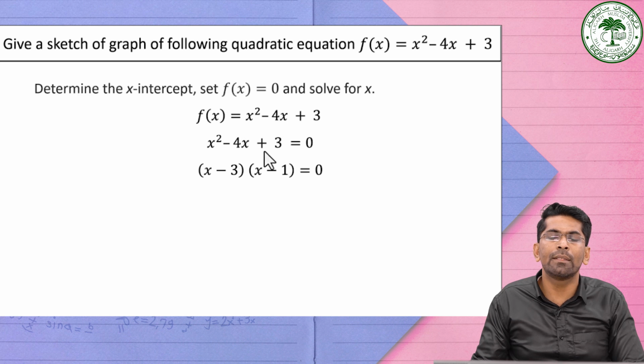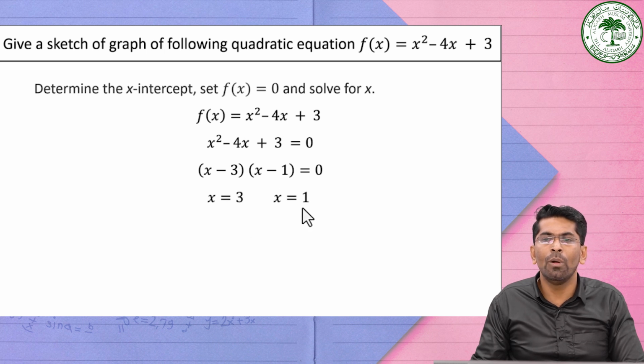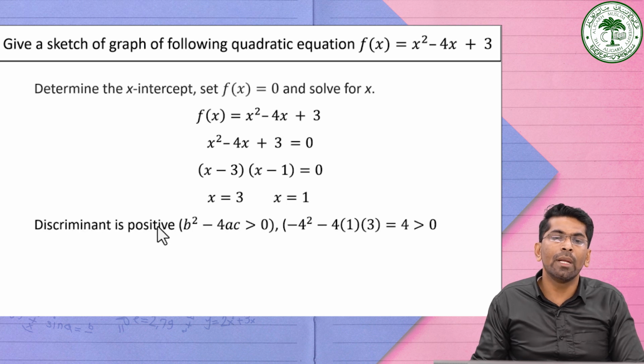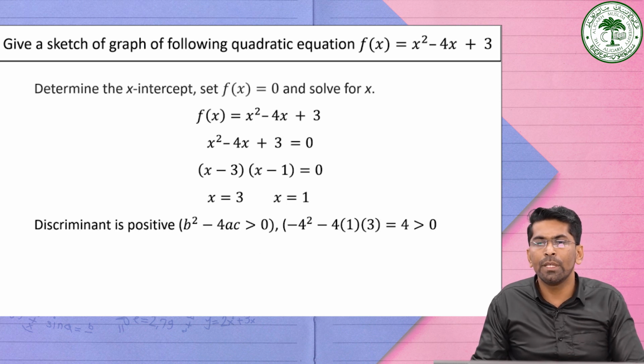So, I am rewriting this term by using its factors, that is x minus 3 and x minus 1, which is equal to 0. Now, from this equation, we can find the value of x by solving for the variable. Then here x is equal to 3 and x is equal to 1. If you go for calculating the discriminant, b square minus 4ac, it is minus 4 square minus 4 into 1 into 3, which is equal to 4, which means that the discriminant is positive.